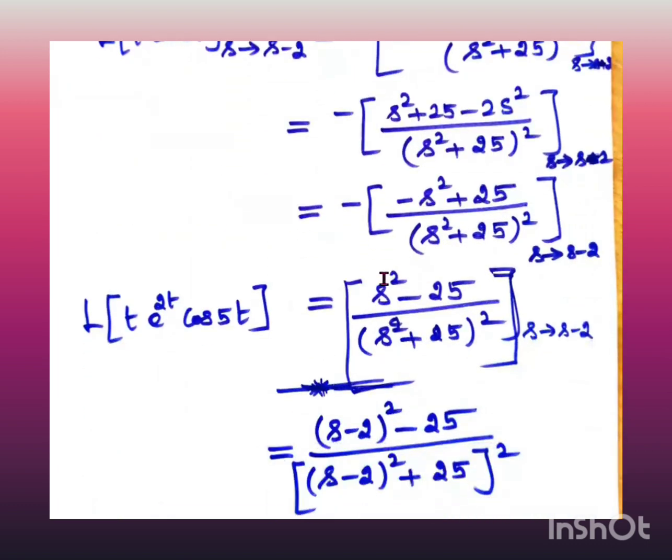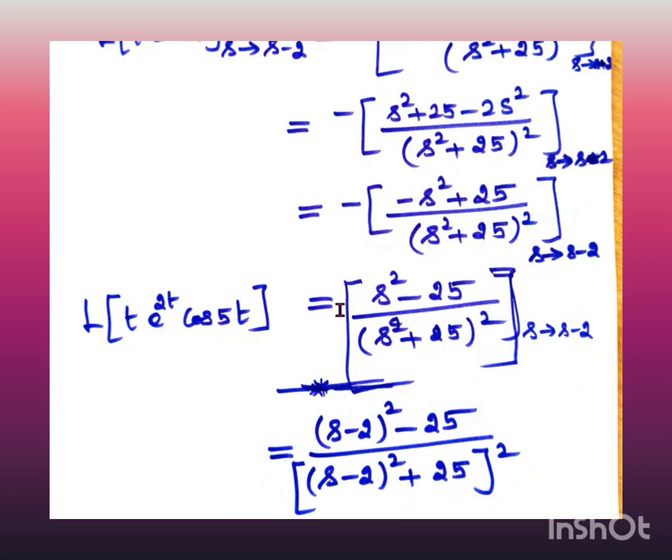So s square plus 25 into 1 is s square plus 25, minus s into 2s is minus 2s square, divided by (s square plus 25) whole square. So minus of (s square minus 2s square) gives minus s square plus 25. Minus of minus, plus s square minus 25, if you multiply by minus. So the answer is L of t e power 2t cos pi t is equal to (s square minus 25) divided by (s square plus 25) whole square, s tends to s minus 2.